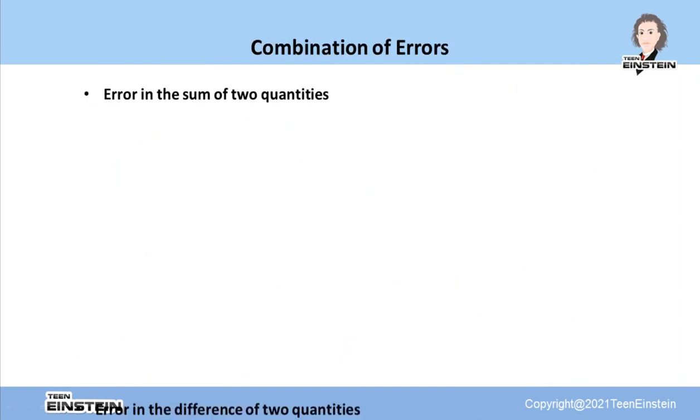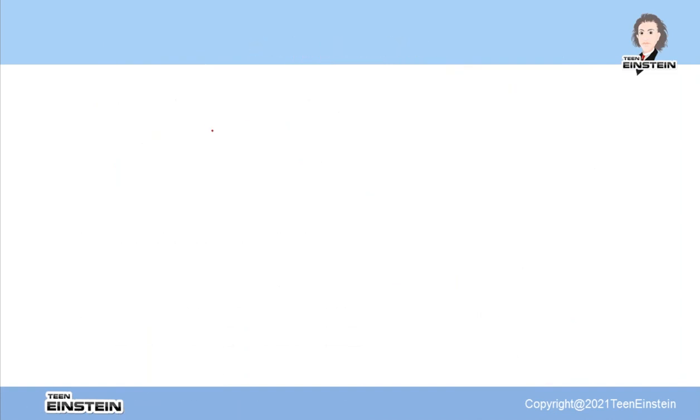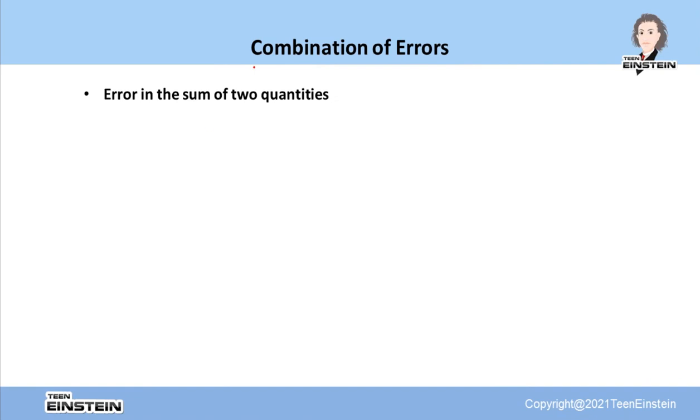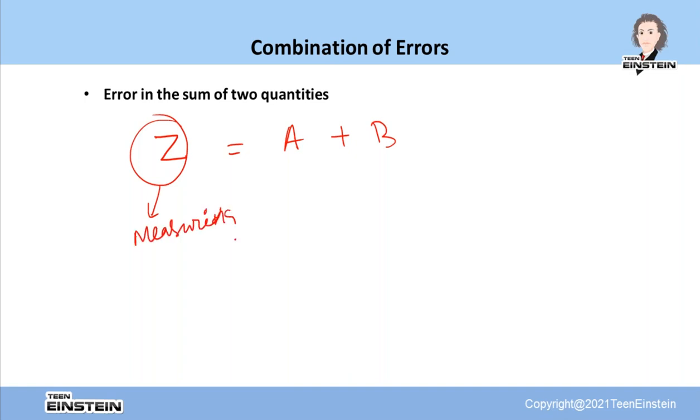The next thing I'm going to teach you today is the combination of error. Suppose I have a quantity z, which is the sum of two quantities, a plus b, and in your experiment you are measuring this value as a whole.